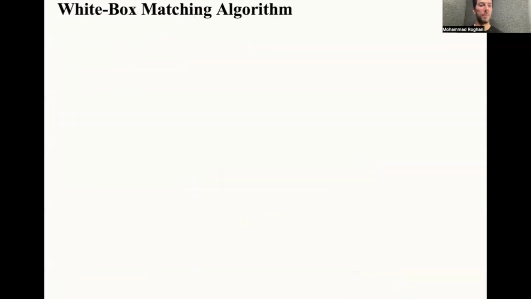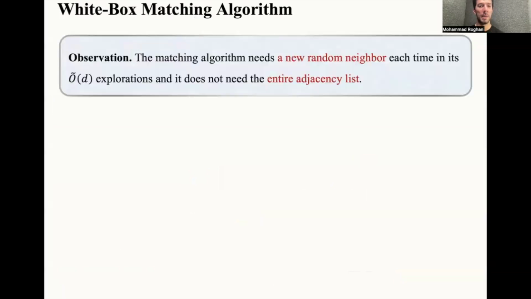But one observation that will help us to speed up this algorithm is that the matching algorithm doesn't need the entire adjacency list to work in the exploration step. At each exploration step, the algorithm needs only a new random neighbor of the given vertex.